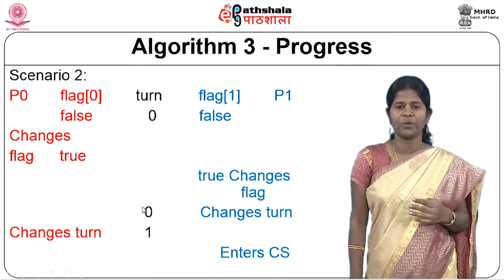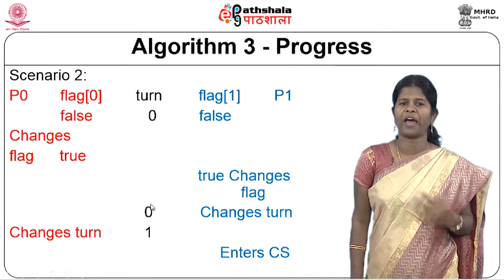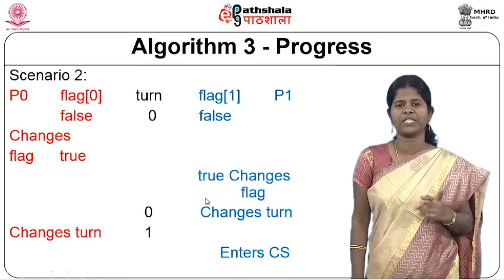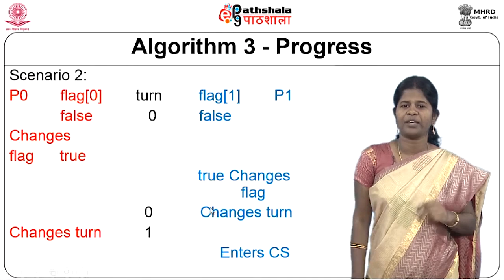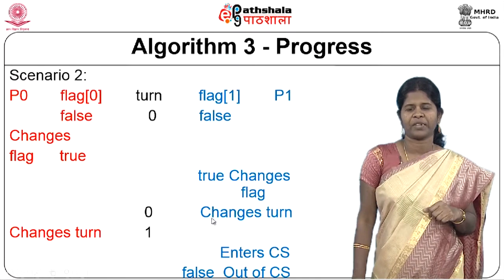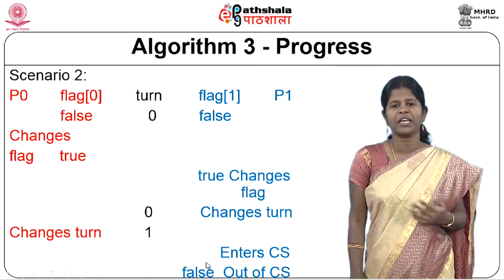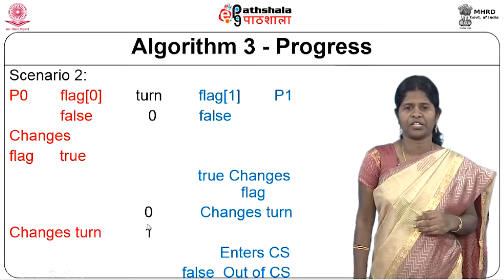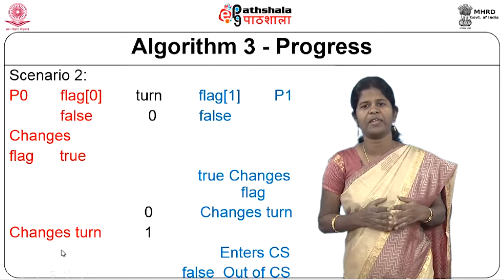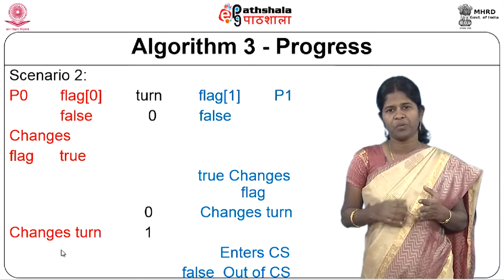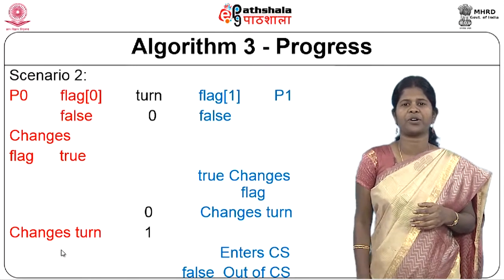So, as I told you, depending on the value of turn, one of the two processes P0 or P1 enters critical section, and after coming out of critical section it will change its value of flag to false and the other process can enter critical section. So, we have seen that progress is also satisfied in this algorithm. So, both mutual exclusion and progress are satisfied.